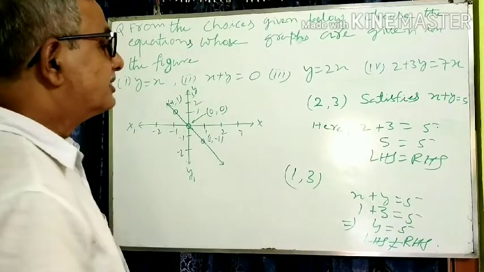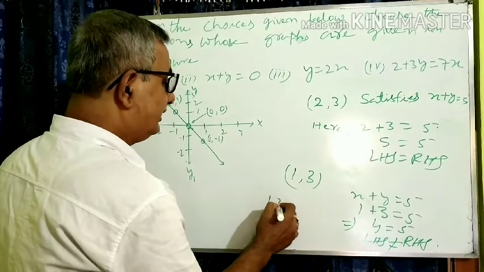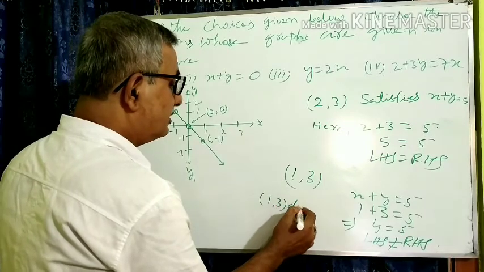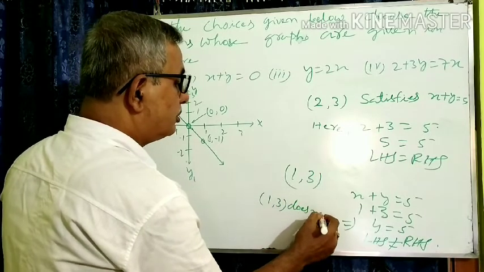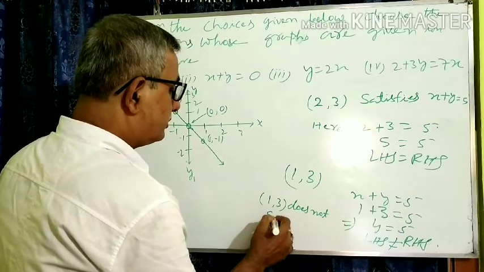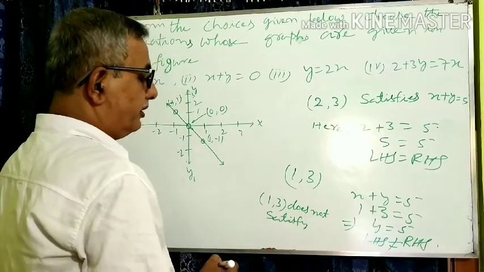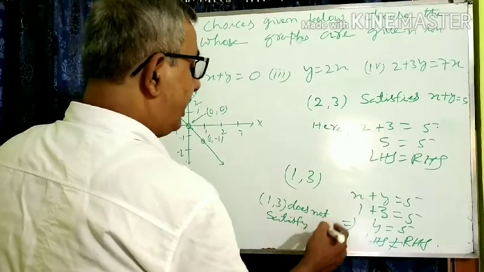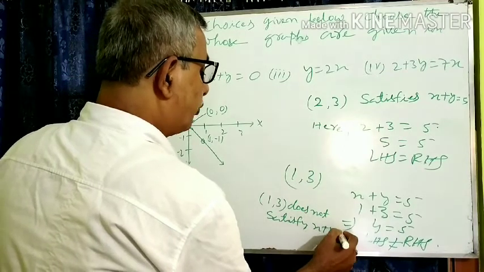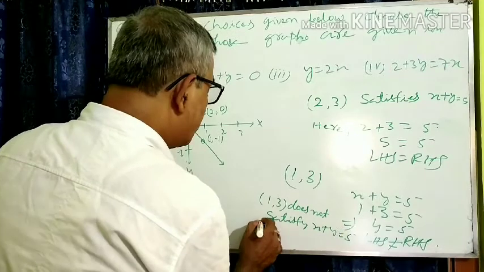It means 1, 3 does not satisfy x plus y is equal to 5. That means what?